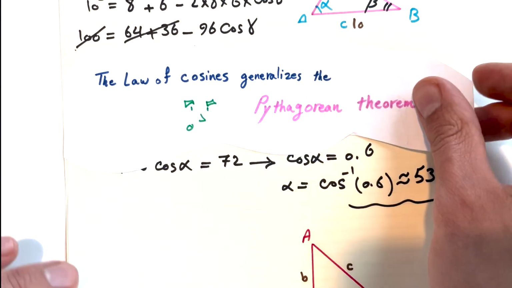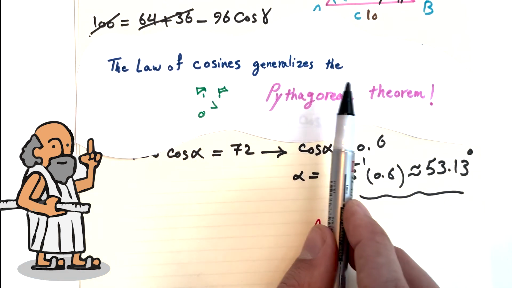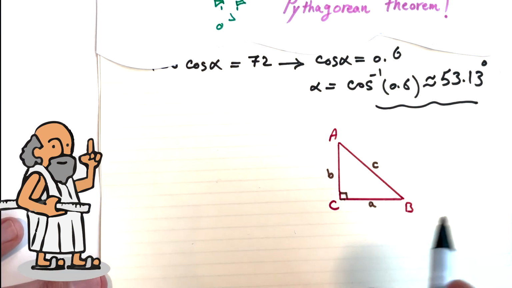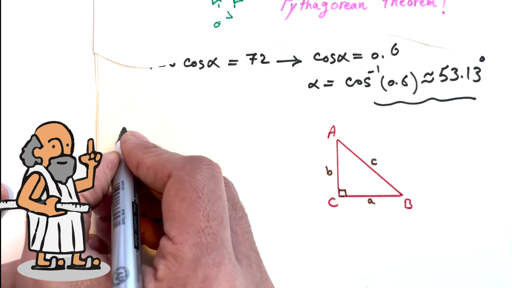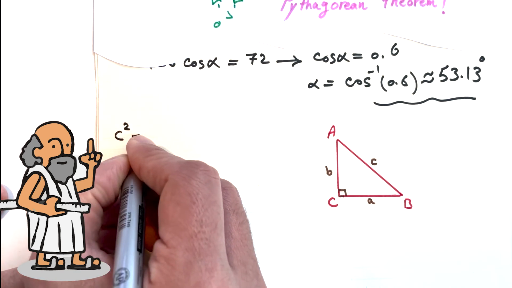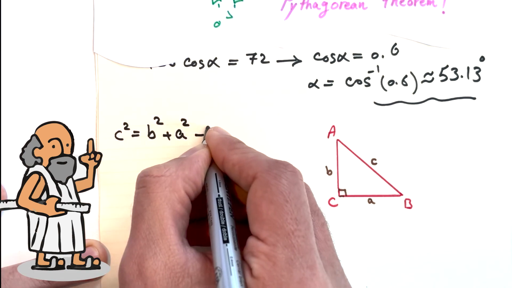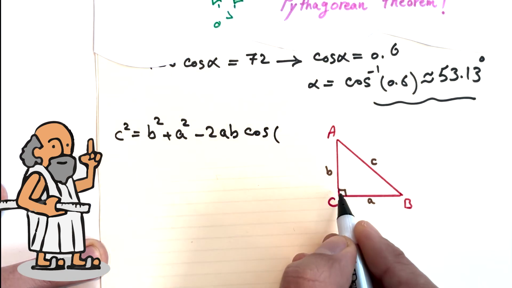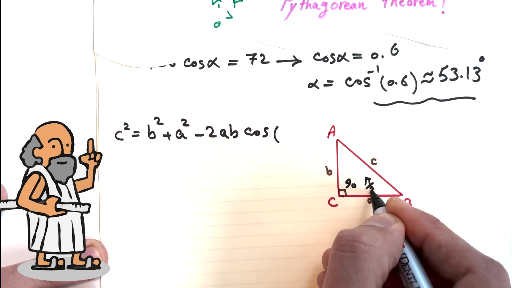Another point here is that the law of cosines generalizes the Pythagorean theorem. Let's take a look at this example here. I'm going to write the law of cosines for side C. So I can write C square is equal to B square plus A square minus 2AB cosine this angle, which is 90 degree, or in radian pi over 2.